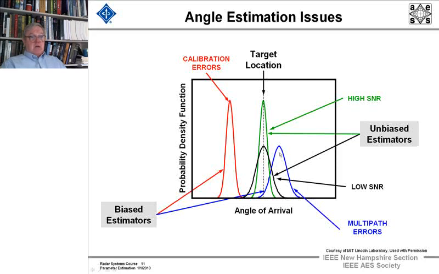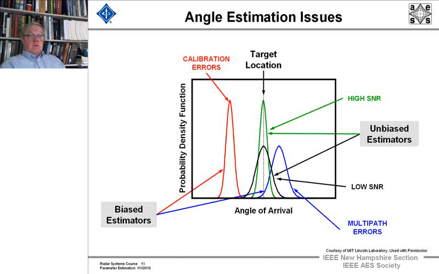And in this case here, in blue, that's a biased estimator also, but in this case, it's due to multipath errors. Okay? Now, there are unbiased estimators, and one of them is signal-to-noise ratio. And we see here, with very high signal-to-noise ratio, remember in the accuracy, signal-to-noise ratio is in the bottom, so a high signal-to-noise ratio will give you a very narrow measurement, a very accurate measurement of the target location.